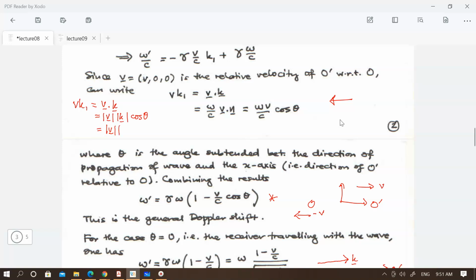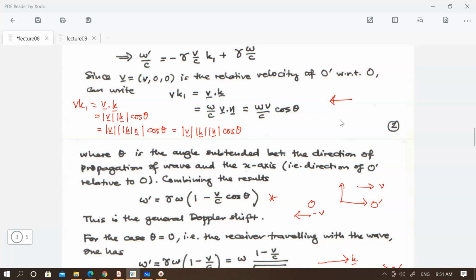Your k itself can be written in terms of the magnitude of k times the direction of the propagation, the unit vector here, cos theta, and then this will be v k cos theta.